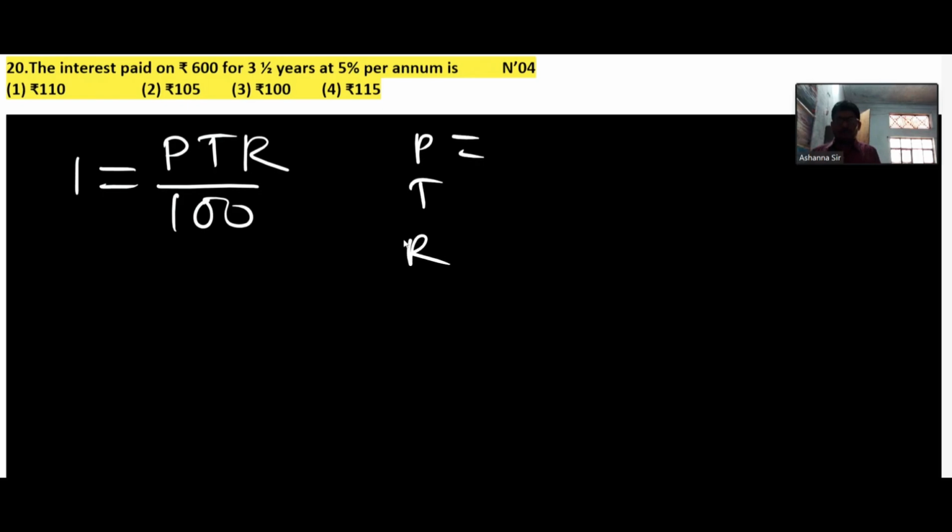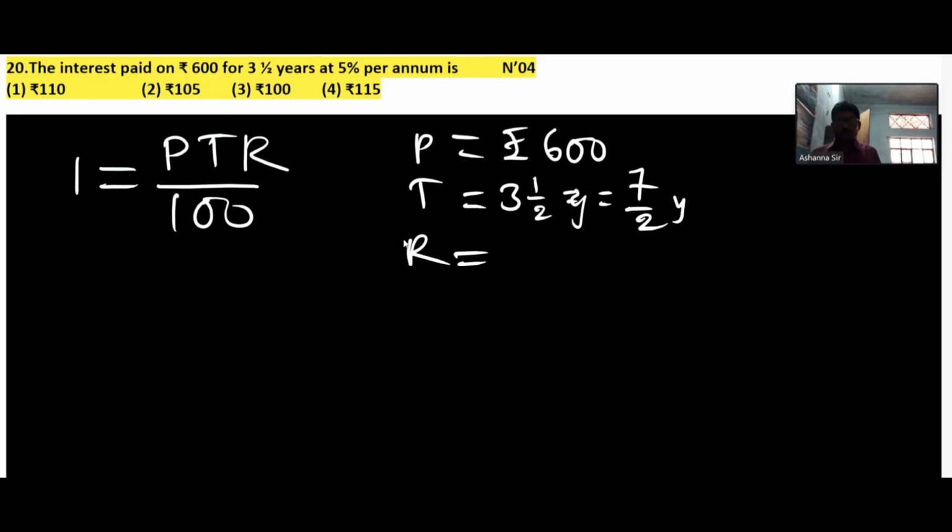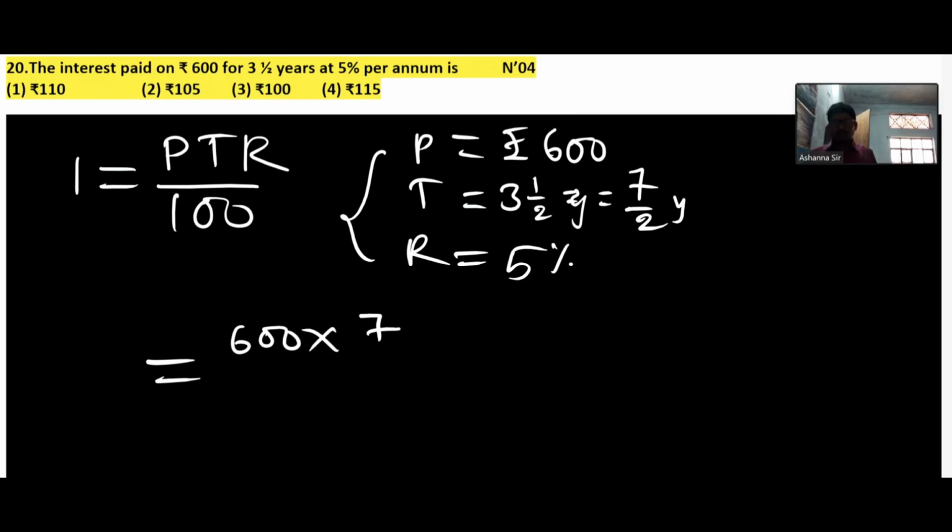Principal 600 rupees, time 3.5 years, means 7 by 2 years. Rate of interest 5%. While substituting these values, we can get interest: 600, 7 by 2, 5 by 100.